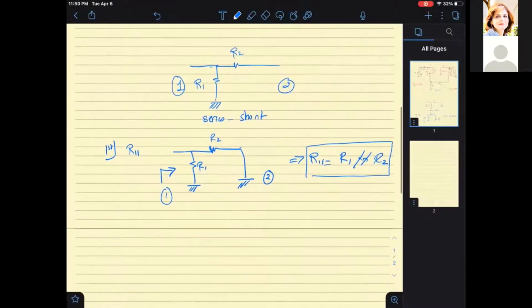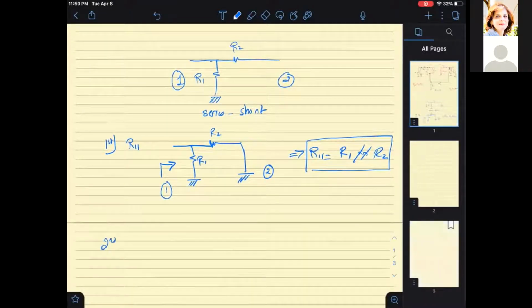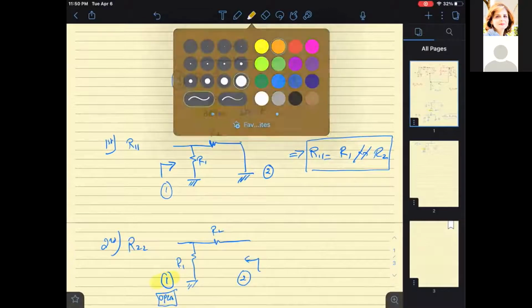Okay, now the second thing that we do is we solve for R22, and this is my beta block. R22 is looking in from port 2. This is R2, this is R1. Since port 1 is a series port, I keep this open, and of course this is in line with what we said.